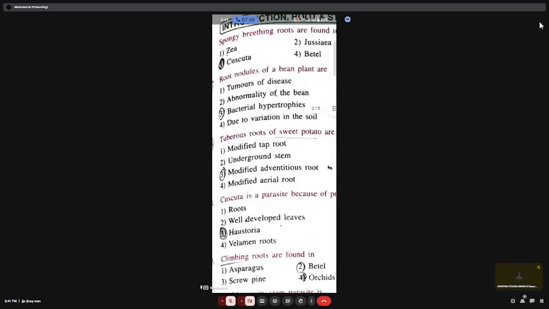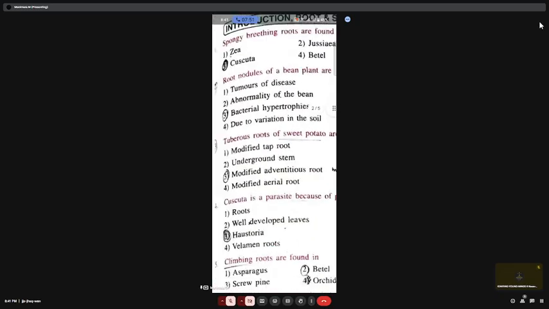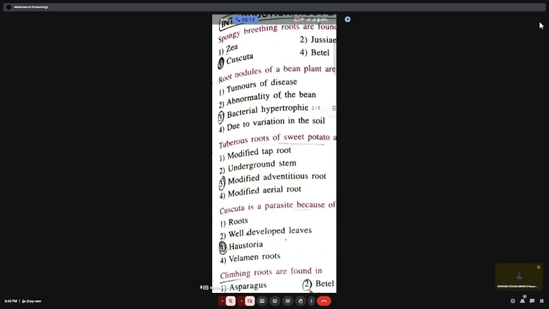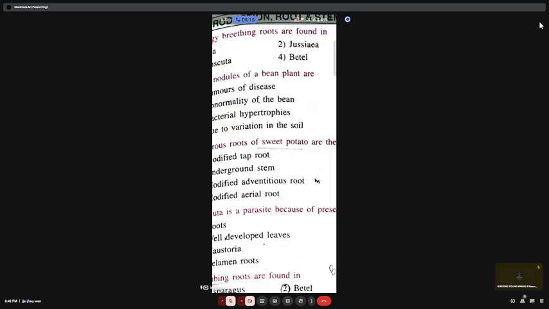The root nodule of the bean plants are... What is the answer? The root nodule of the bean plant, mostly a leguminous plant.